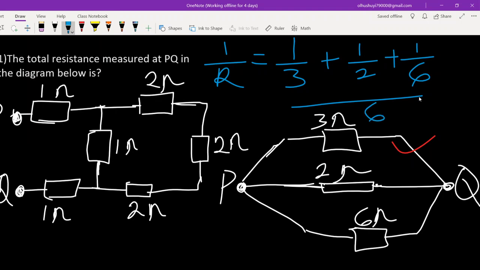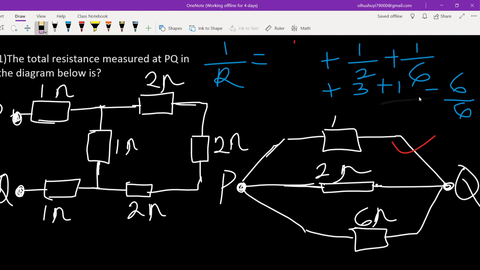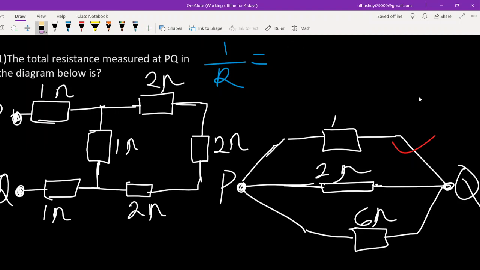Of course, that is 6: 3 in 6, 2 times 1, that is 2, plus 2 in 6, 3 times 1, you have 3, plus 6 in 6, 1 times 1, that is 1, and all in all we have 6 upon 6, and that is 1. So that means 1 upon R is equal to 1 over 1, and that means 1. So automatically our combined resistance will be 1 ohm.